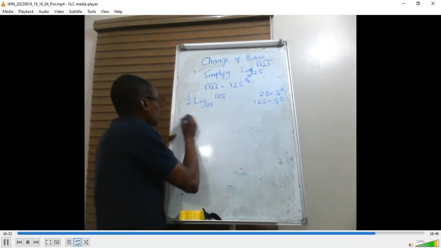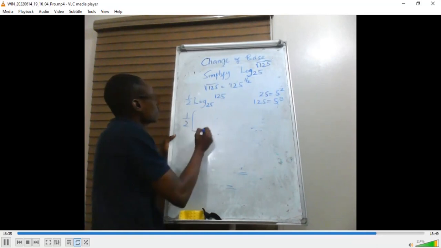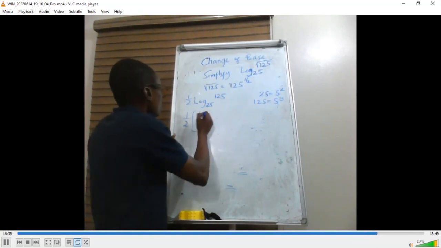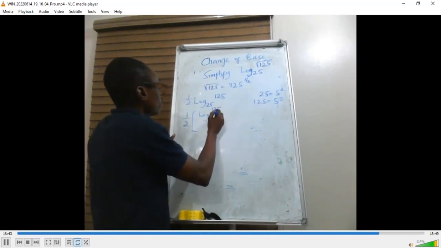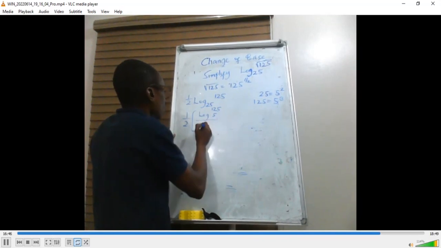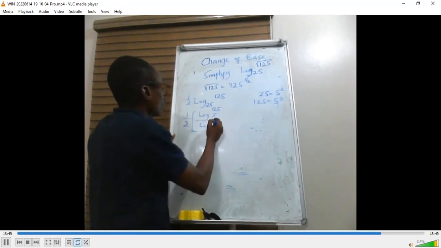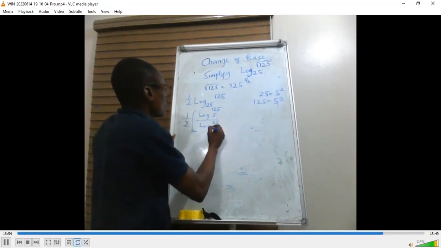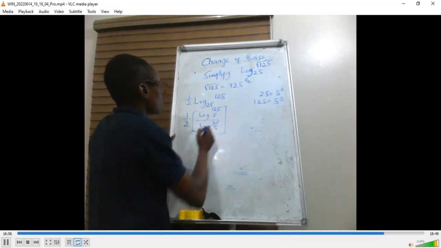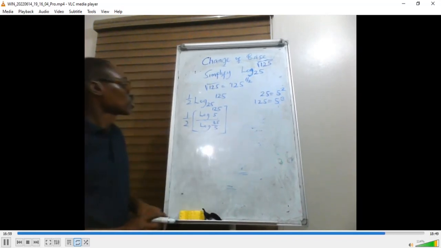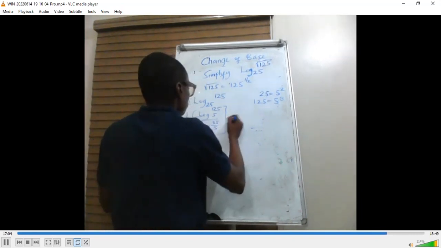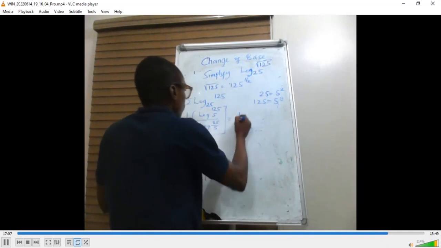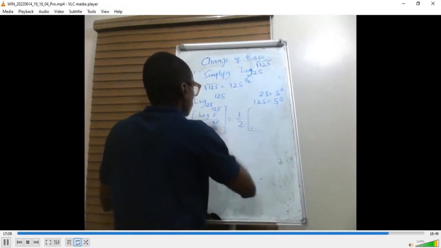So right now we're going to apply the change of base. So we're going to have log 125 to base 5 all over log 25 to base 5. Okay. So right now, you have half.